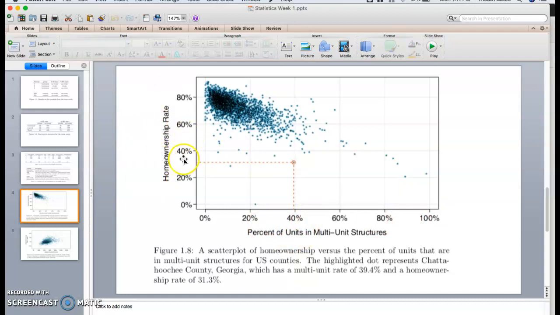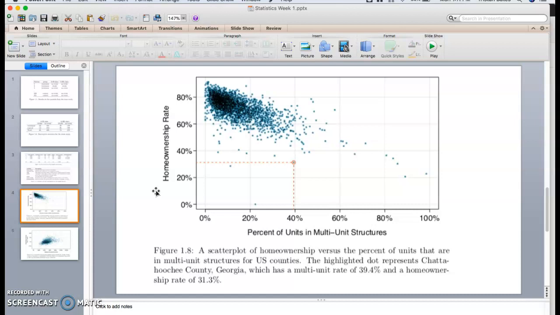I wouldn't say the home ownership rate is the independent one here, because as home ownership rate increases, you'd have to tear down, I guess, multi-unit structures in order to make room for that. So probably the way they have it here, the X is the independent and the Y is the dependent, which is usually how we want to display our data.